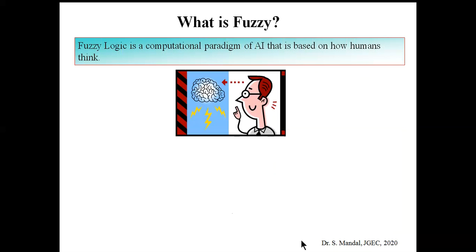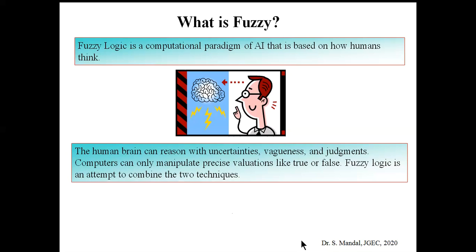Now coming to the first slide, the question arises, what is fuzzy logic? Fuzzy logic is a computational paradigm of AI that is based on how humans think. Most of the time our human brain can reason with uncertainties, vagueness and judgment.